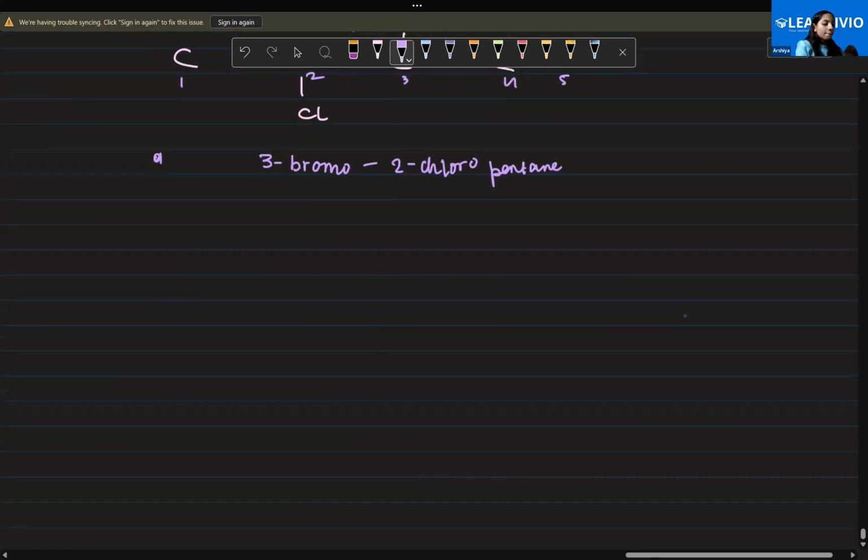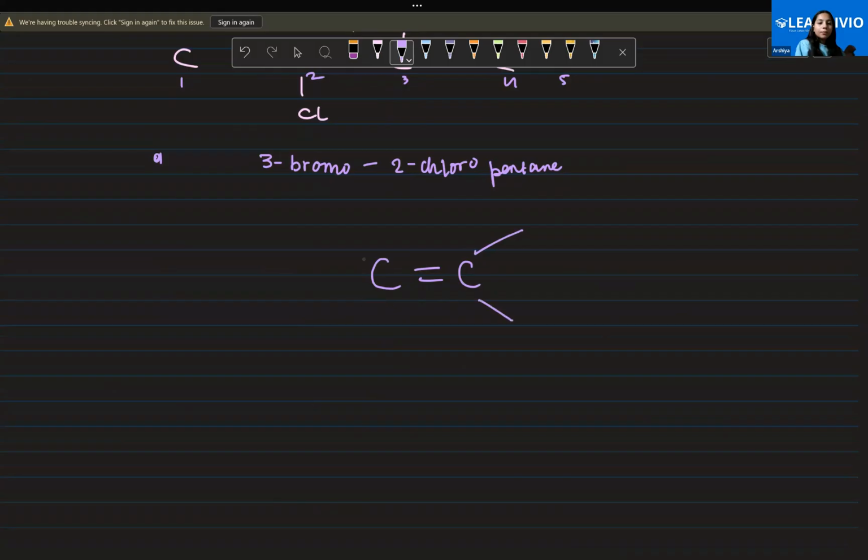So this is my functional group, C double bond C, with CH3, CH3.